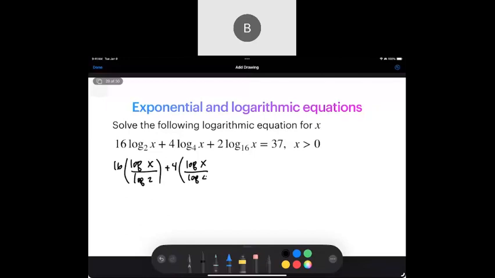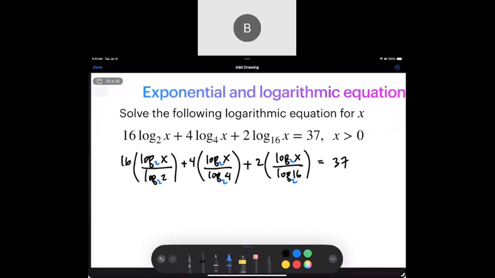This will be log x log 4. Okay, I think we can add base 2 to be safe, because 2, 4, and 16 can be simplified using 2, right?